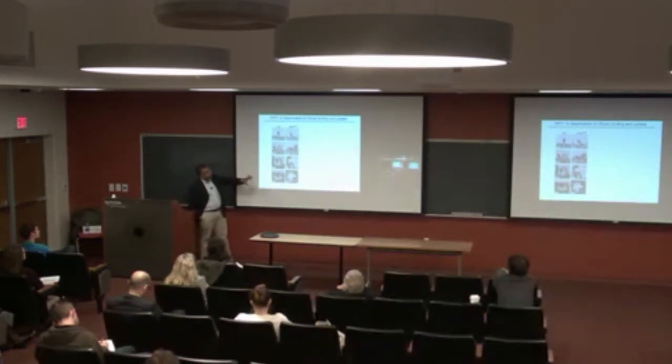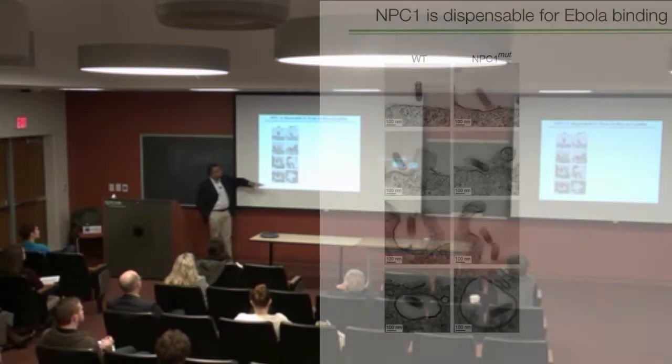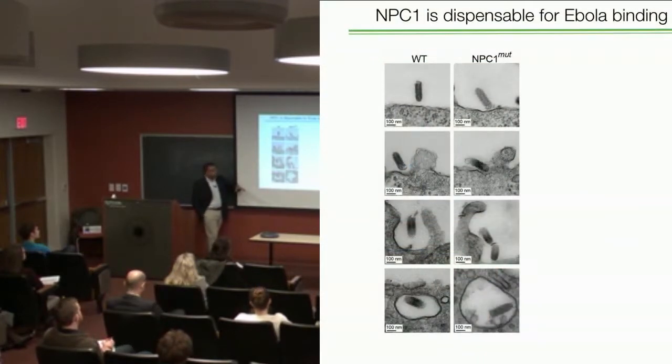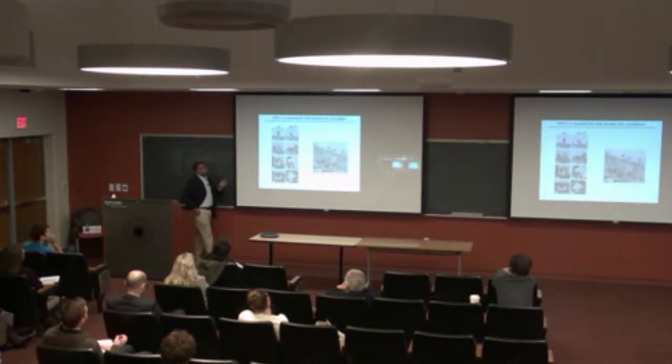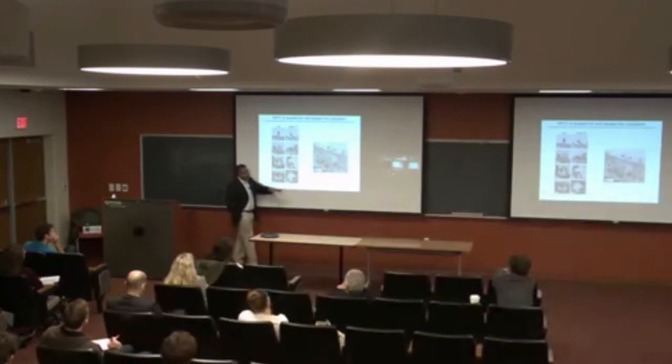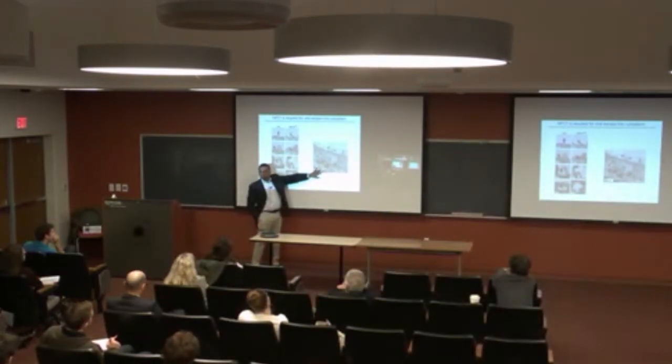This is just a series of electron micrographs comparing wild-type cells, which are normal cells, and cells that don't express NPC1. You watch the virus go in: it seems to bind fine, it gets engulfed like a piece of debris, and then it ends up in these endosomes, and all of that looks okay. But what's different in these NPC1 knockout cells that don't have any NPC1 protein is that the virus accumulates in these endosomal compartments.